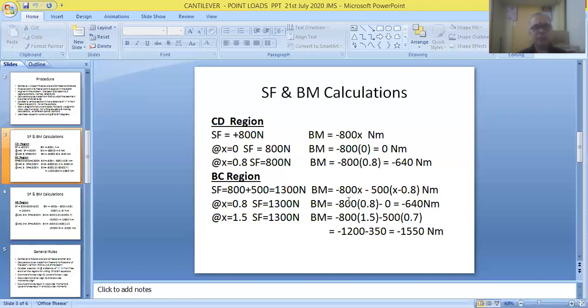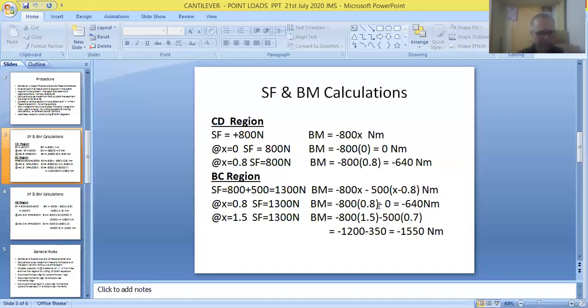Now let us observe the bending moment equation. This is written as minus 800 into x. This is a clockwise moment, so it is written as minus 800 into x. And this is written as minus 500 into x minus 0.8.